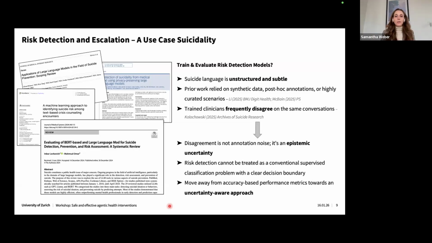This disagreement, to start with, does not reflect annotation noise. It's more like an irreducible epistemic uncertainty, which implies that crisis detection cannot be treated as a conventional supervised classification problem with clear decision boundaries, like crisis, yes or no.